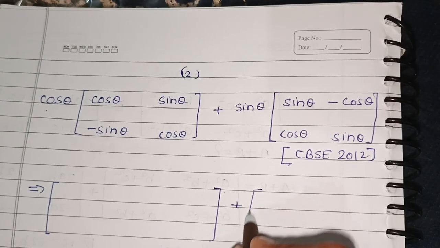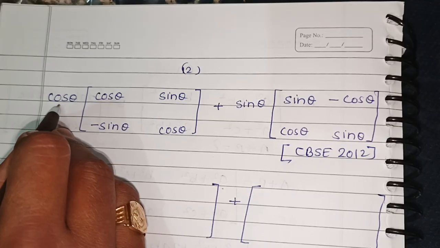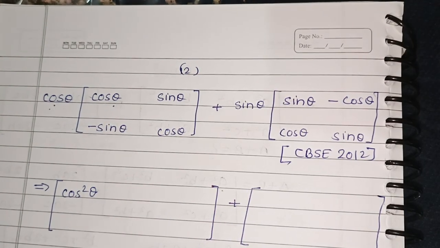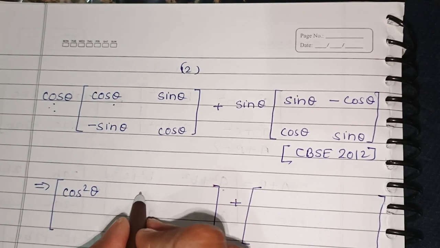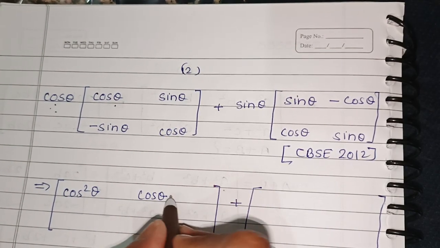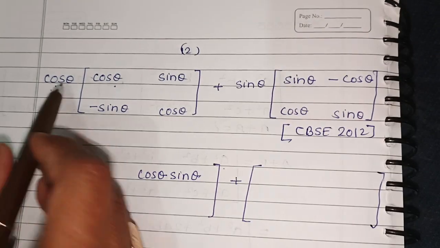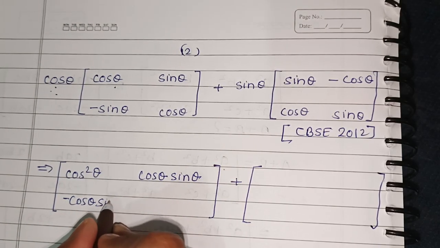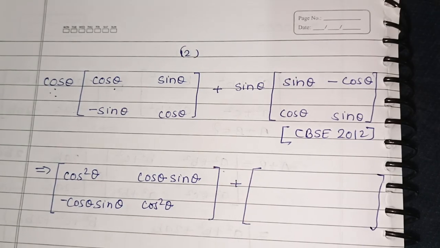So that is plus that is this multiply by this. So that is cos square theta. This multiply with this. This is cos theta sin theta. This is cos theta minus sin theta, and it is cos square theta.